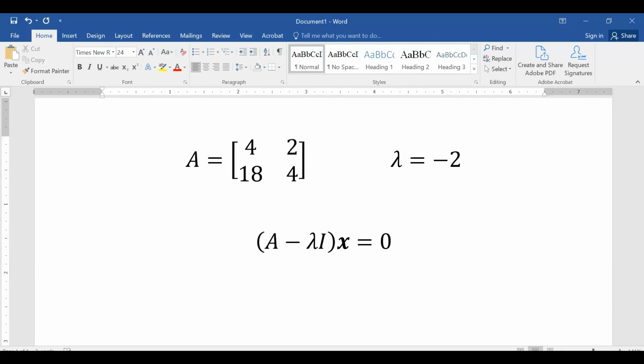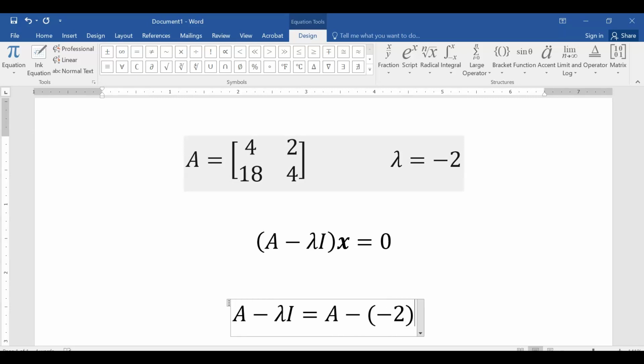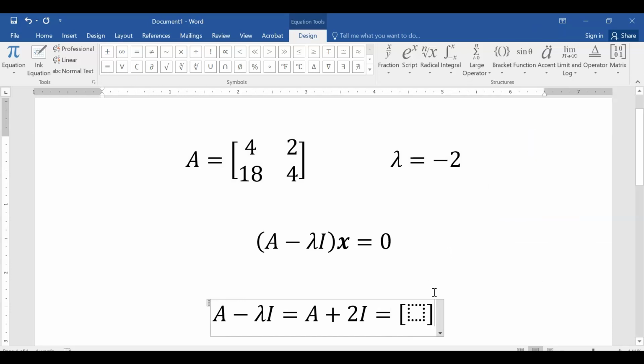All right. Now, the first thing I want to do is just set up what A minus lambda I is. In this case, obviously our lambda is -2. So we're going to do A minus -2I. I'm going to rewrite that as A plus 2I. Now, we know what A is.